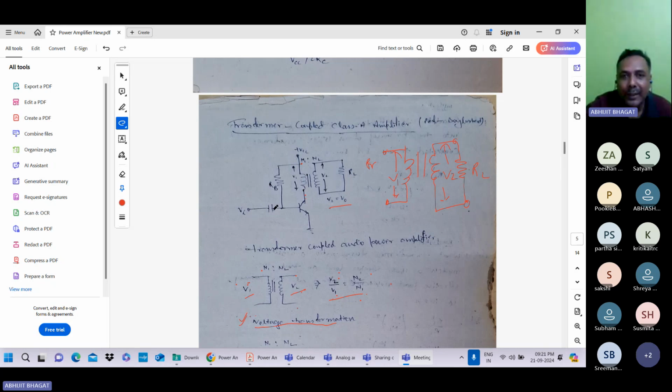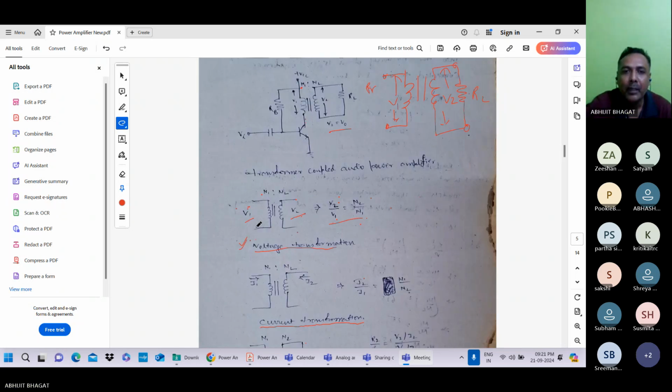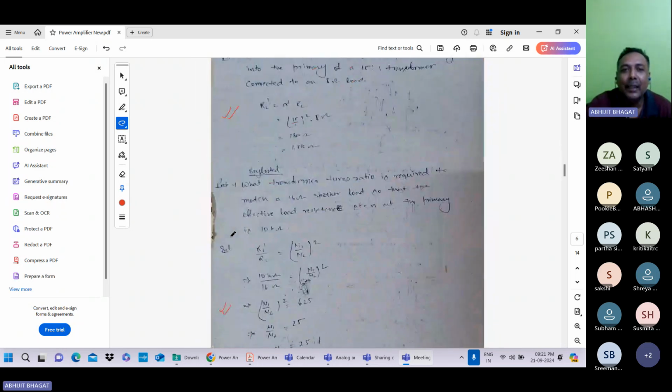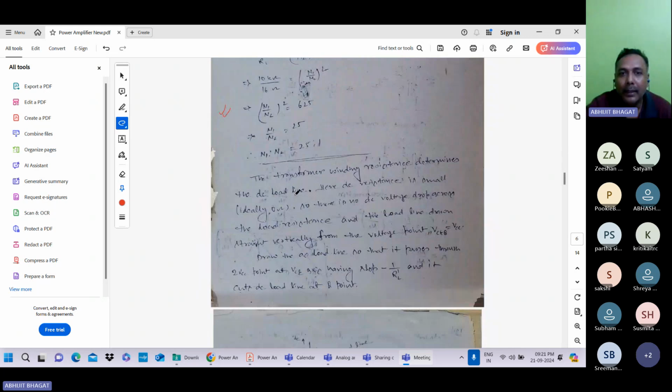Okay, and there you can see there is a capacitor. What is the use of this capacitor? This capacitor basically separates the AC and DC components of the signal. Now in this case, the DC resistance of the circuit is small, close to 0.